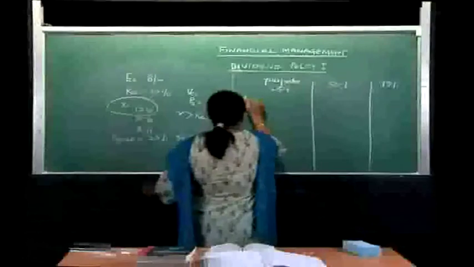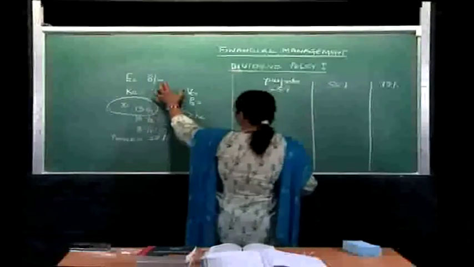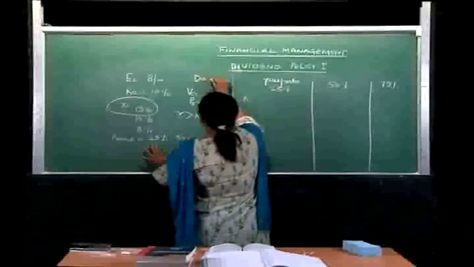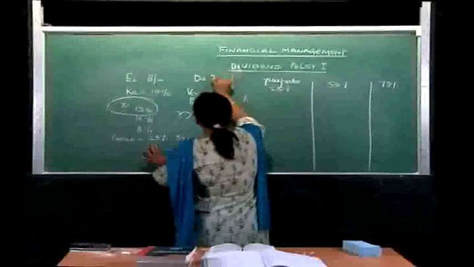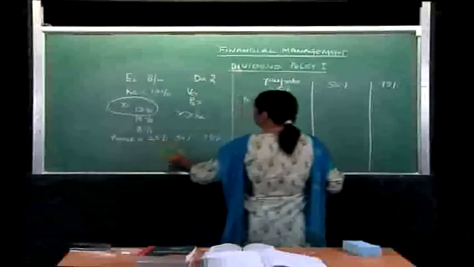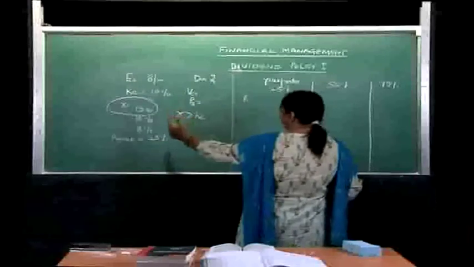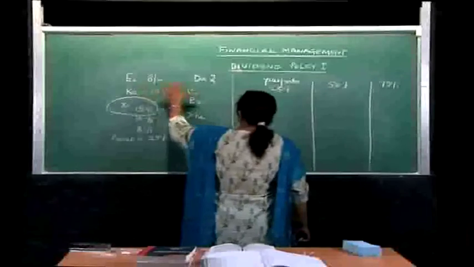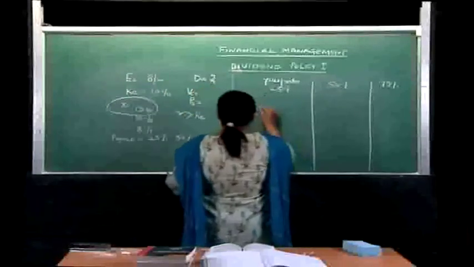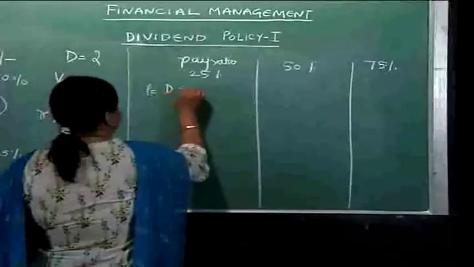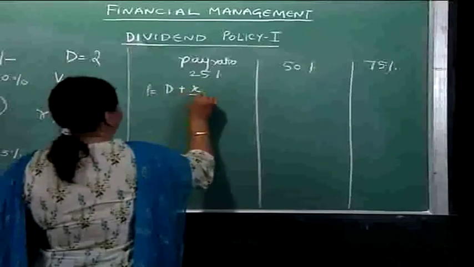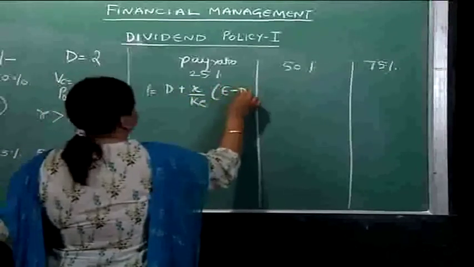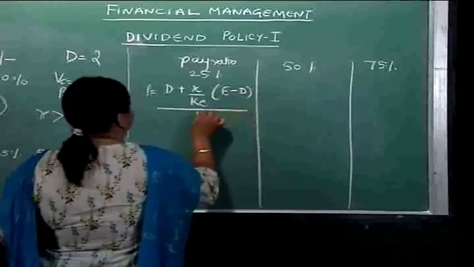So if the earnings are rupees 8 and the payout ratio is 25%, that means we are going to pay 2 rupees as dividend. Payout means how much we are paying out of the earnings. It is one fourth of earnings, so it amounts to rupees 2. Our formula is D plus R upon KE bracket E minus D, divided by KE.